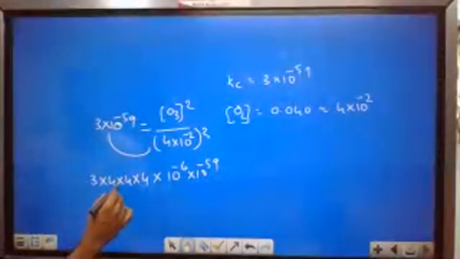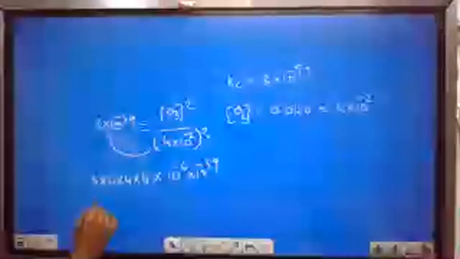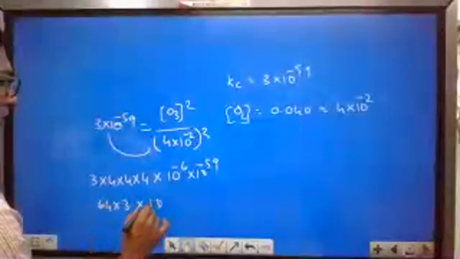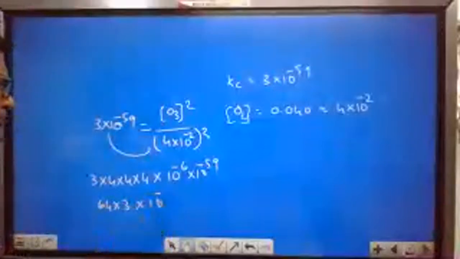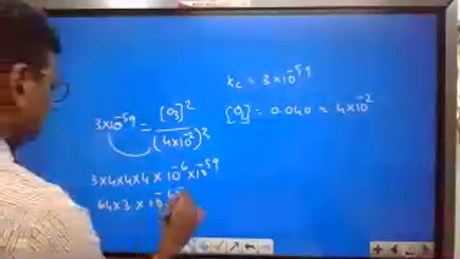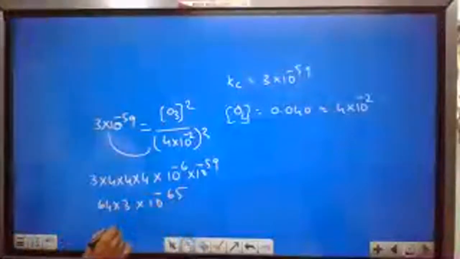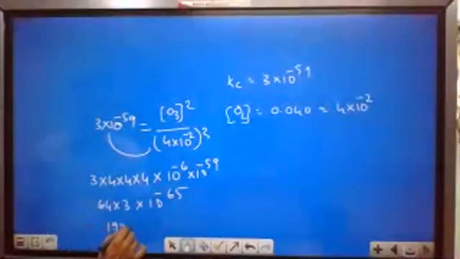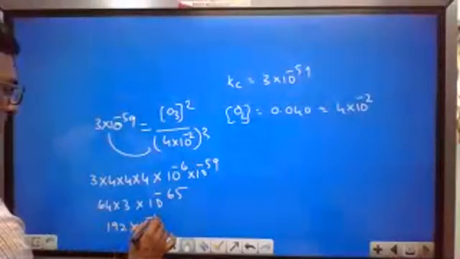4 4s are 16, 16 4s are 64, 64 into 3 into 10 power minus 65, that is 192 into 10 power minus 65.